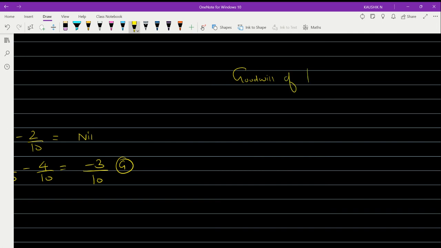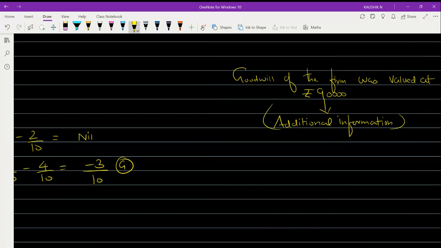Goodwill of the firm was valued at rupees 90,000. This is information that is available in the additional information given in the problem.